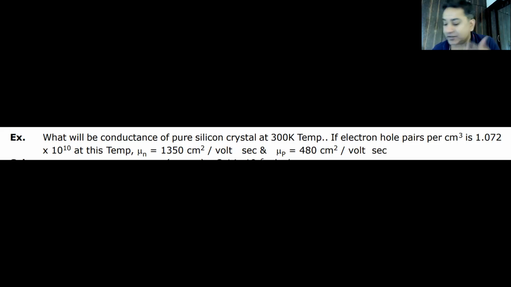There must be a printing mistake, so you can take it as mobility of electron as this and mobility of hole like this. Will you have to solve this? Yes or no? Yes, sir. I'll give you a minute, sir.